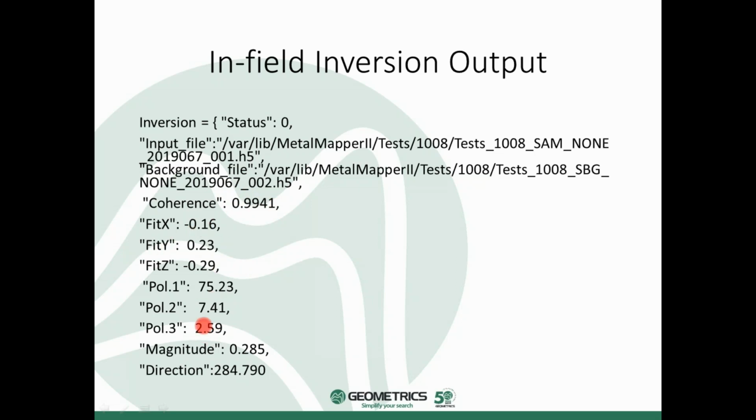But there's also polarizabilities and also the magnitudes and directions of where the infield inversion has placed the metallic dipole. So that will be something that is listed for the processor, but may or may not be used in the processing workflow.